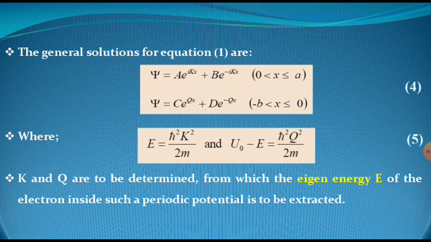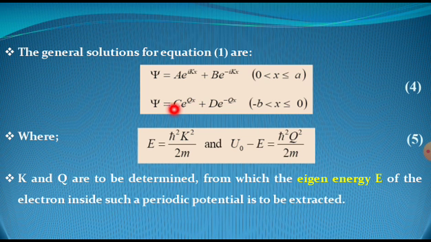The Schrodinger equation exhibits a solution. So the general solution for equation number 1, these are the identical equations. Again we will consider the two regions, from 0 to lattice constant a and from minus b to 0. So psi is equal to A e raised to i k x plus B e raised to minus i k x, where k is your wave vector.